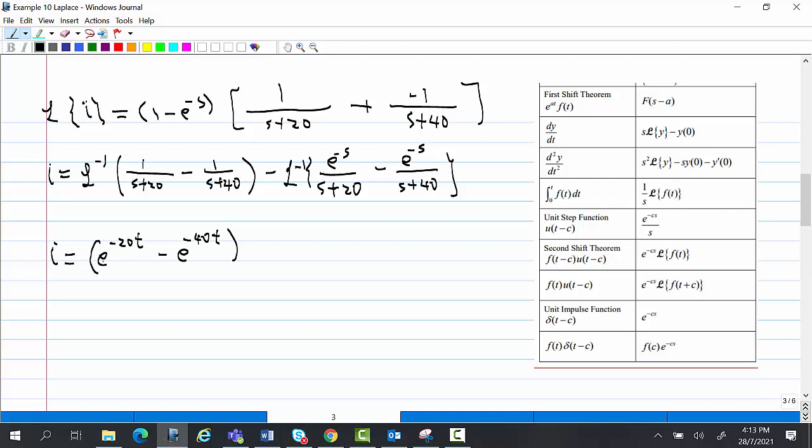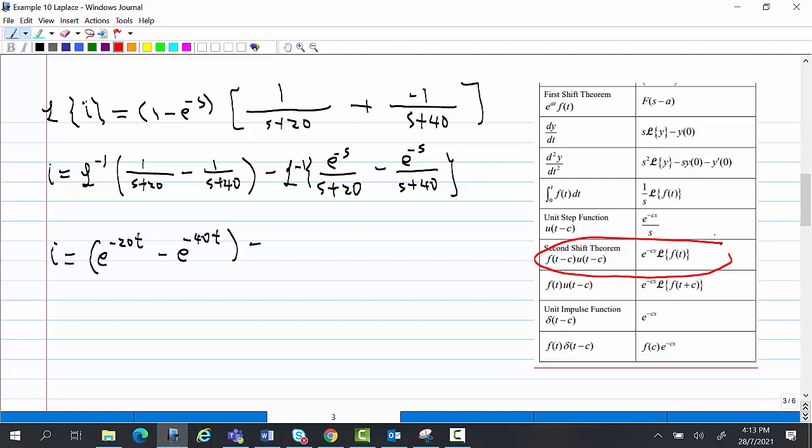By looking at the inverse Laplace transform table, and then for the second one, we are going to use the formula here, the second shift theorem.